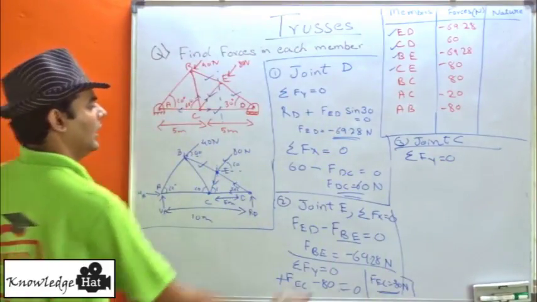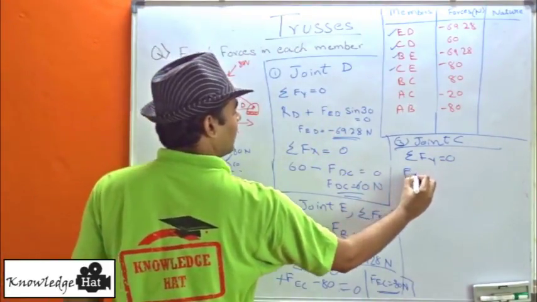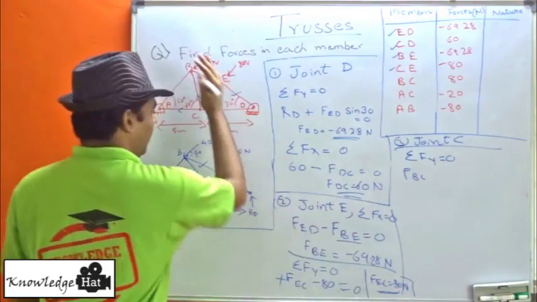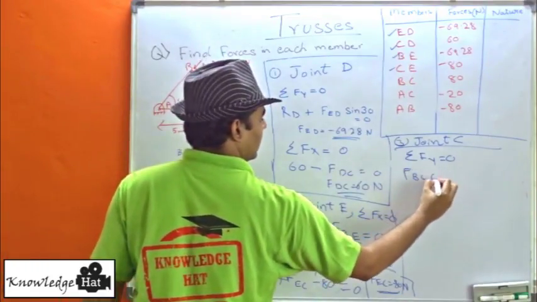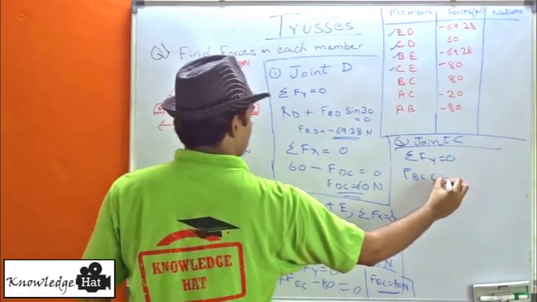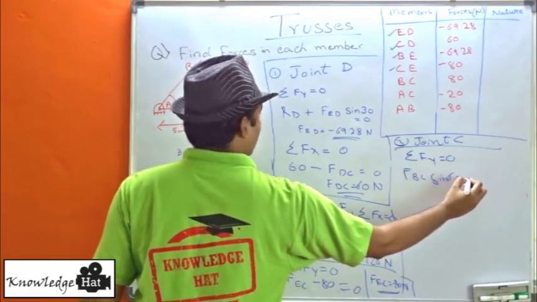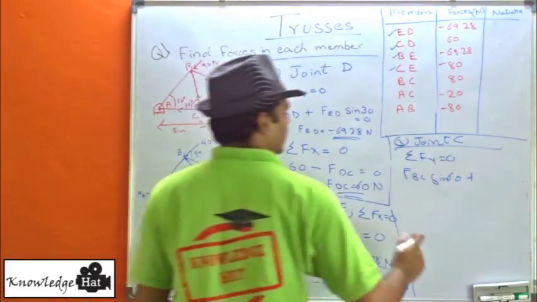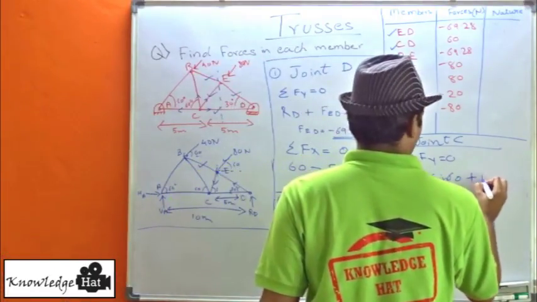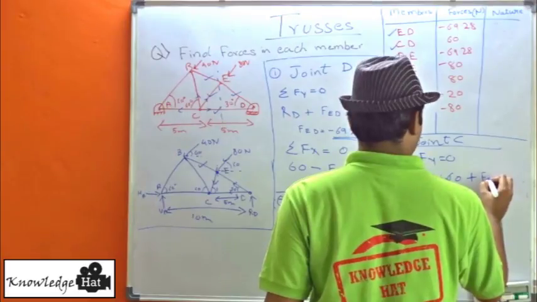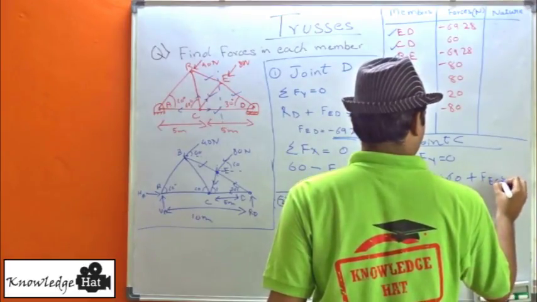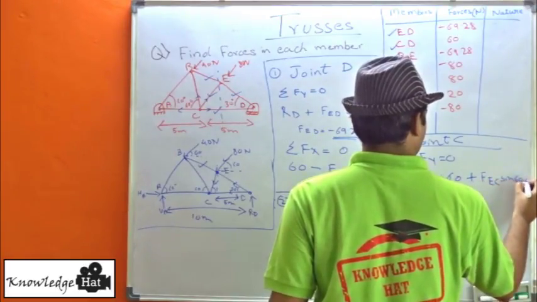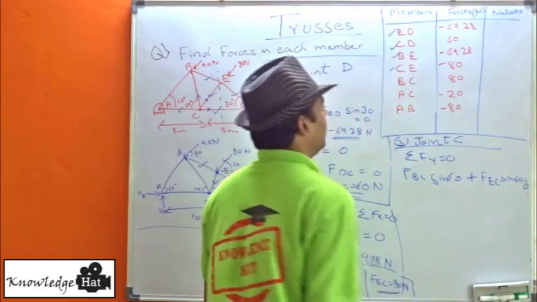This force would be FBC, which we are taking in upward direction, making an angle sine of 60 degrees, plus this is also in upward direction, FEC, again making sine of 60 degrees, and equating it to 0.